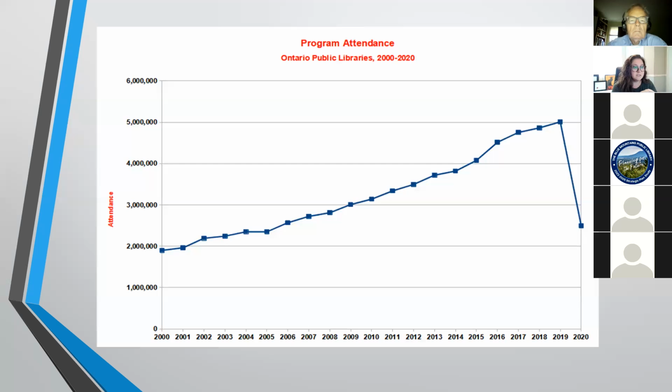And then of course there's the variable of, of these 444 libraries, who was closed and who was operating online and that kind of thing. So I think what we can take from something like this is the growing trends, and then the trend for recovery after the pandemic.